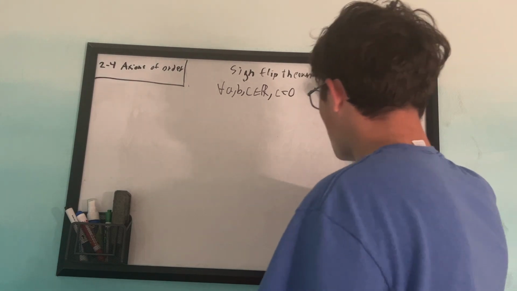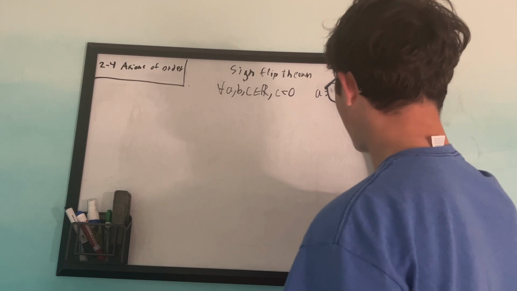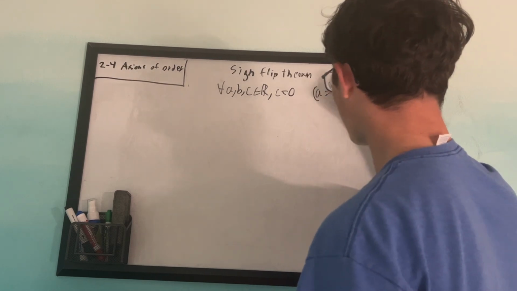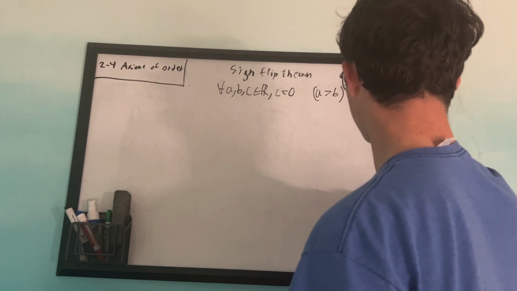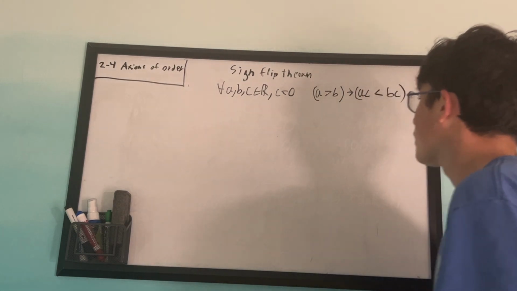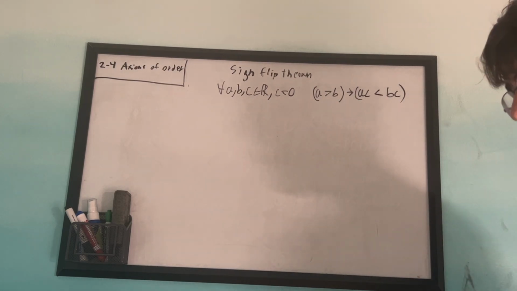If A is greater than B, then AC is less than BC. So this is saying if you multiply by a negative on both sides, you have to flip your inequality sign.